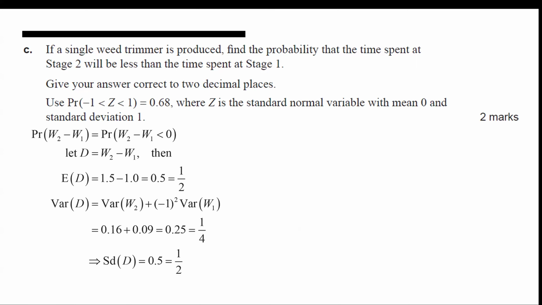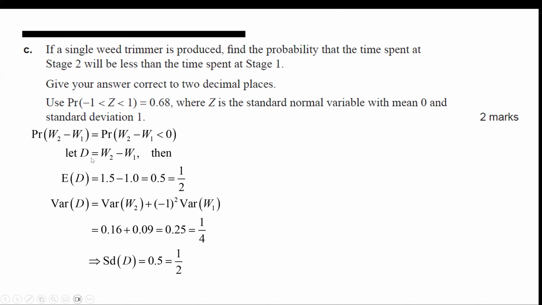But to demonstrate you really understood the question, you do have to do some conversions. Like, what does the question provide? It provides probability W2 is less than W1 equals probability W2 minus W1 less than 0.